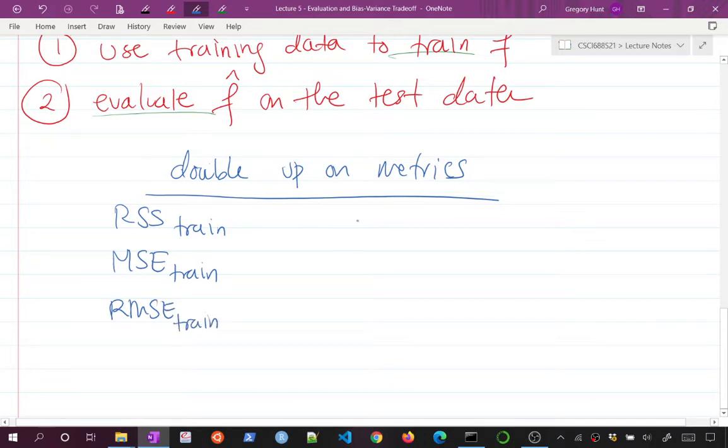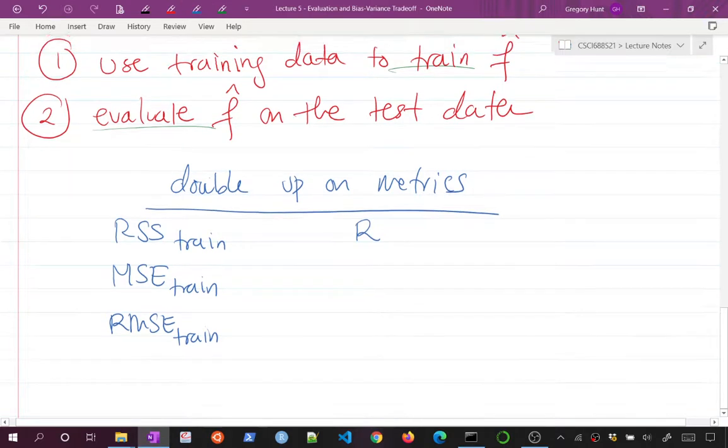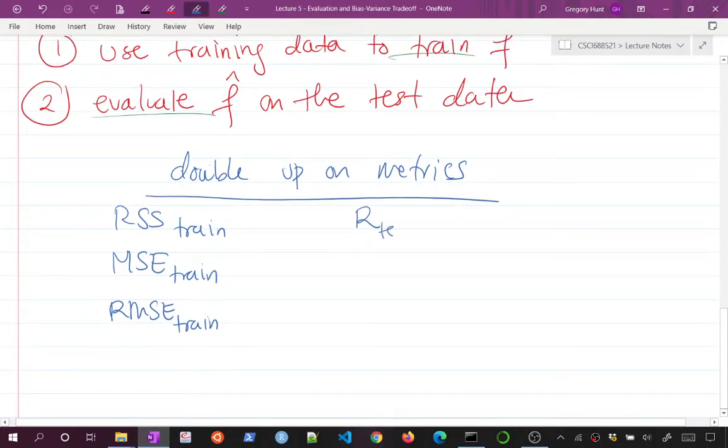You could also calculate, once I get my f hat, you could calculate this for the test data. So you could do RSS for the test. You could have MSE for the test, RMSE for the test. And so we talked about these last time.